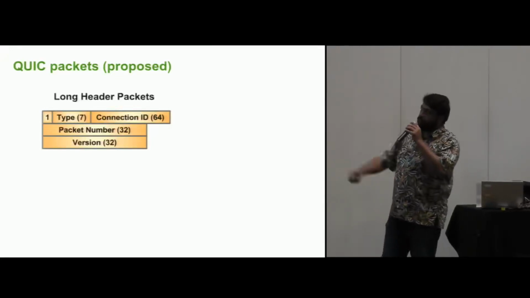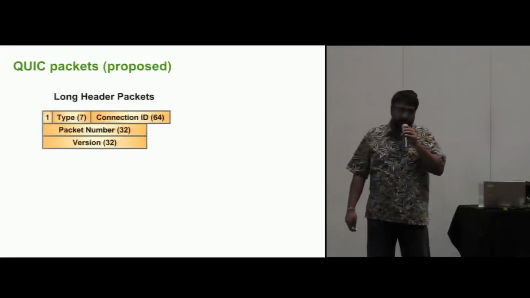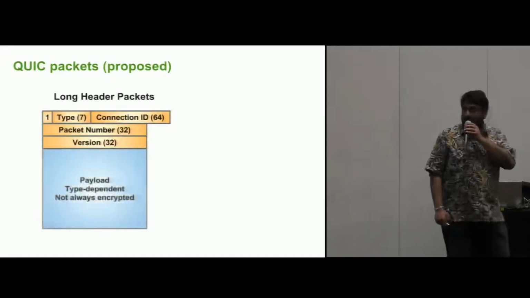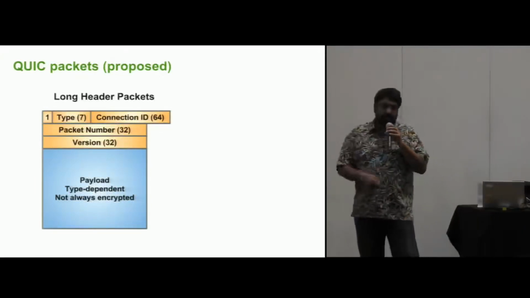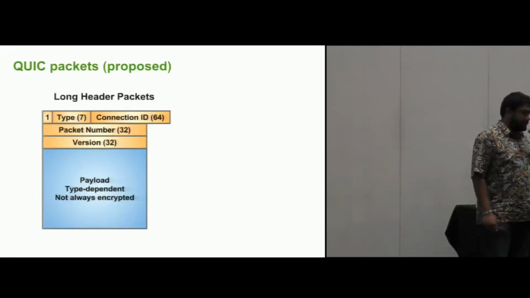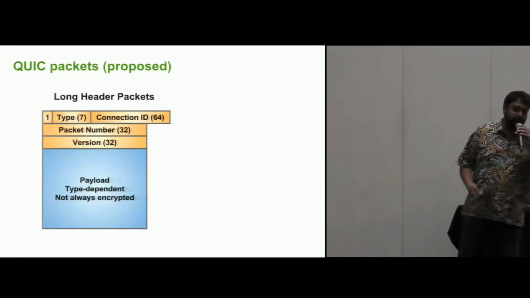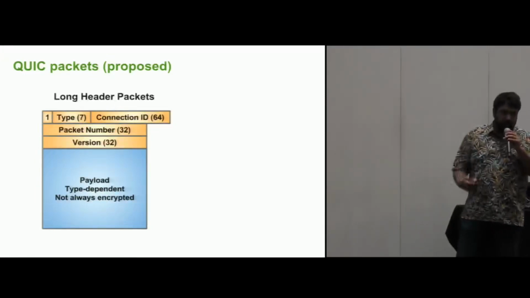It always has a 64-bit connection ID. It has a 32-bit packet number, a 32-bit version number, and it has a payload, which is type dependent, and may or may not be encrypted depending upon exactly what type of packet it is. For example, a version negotiation packet is not encrypted, again for the same reason. We haven't quite negotiated a key yet.